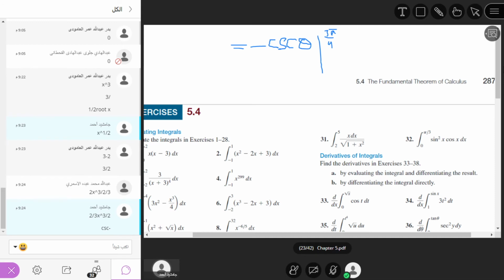Whenever we put the upper limit, then the lower limit, because cosec is equal to 1 over sine, so minus 1 over sine 3 pi by 4 minus 1 over sine pi by 4.